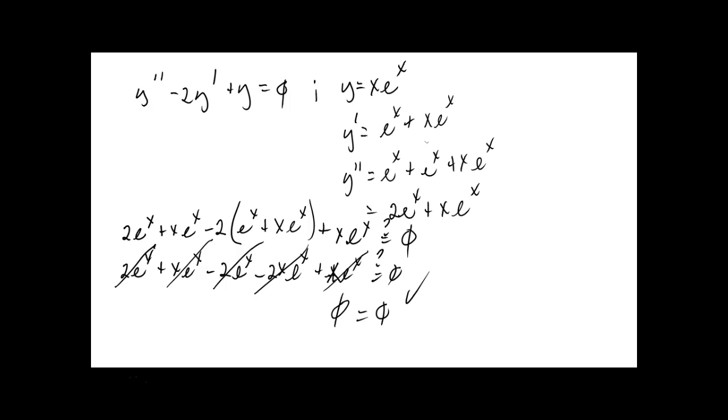So the y double prime, which we found to be that, we wrote it down. Minus 2 times y prime, which we found to be that, so we wrote that in there. Plus y, which was what they gave us. We put that in. And then we started clearing parentheses, combining like terms, and sure enough, it turned out 0.